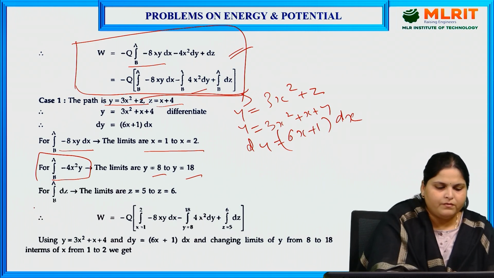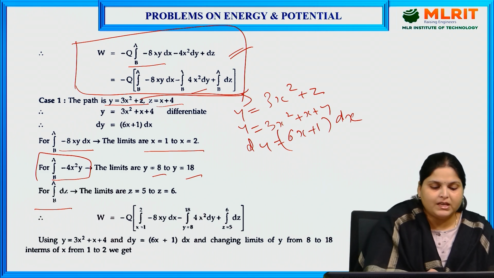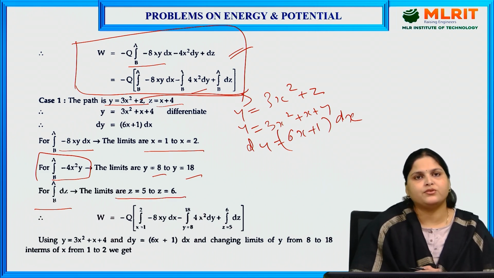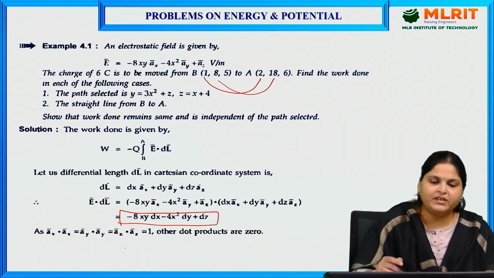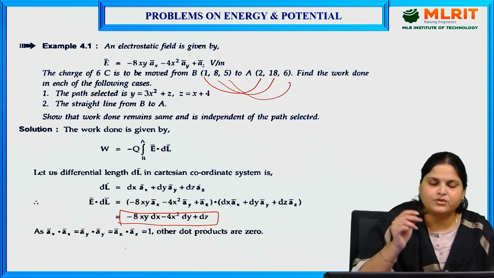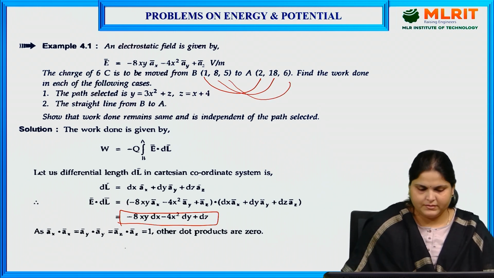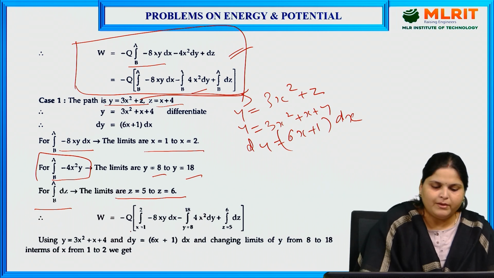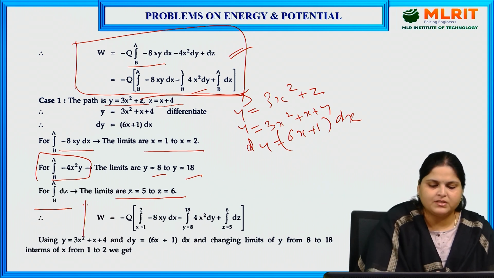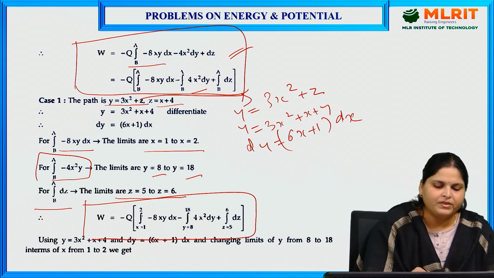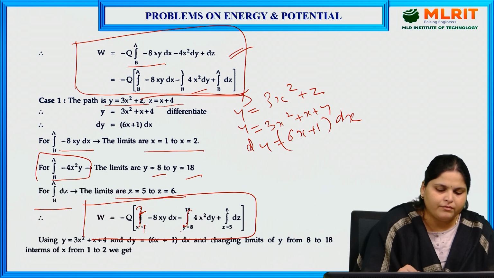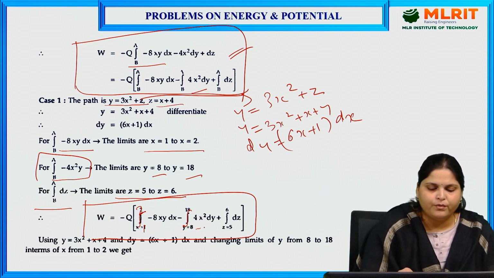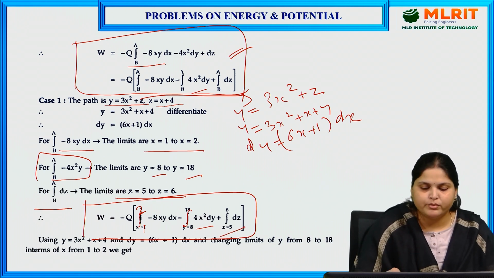Next, for dz, the limits are z equal to 5 to z equal to 6. It is also given in the question. Next, we will put all the limits here. So this becomes W is equal to minus q into integration of x from 1 to 2 minus 8xy dx, integration of y from 8 to 18, 4x square dy plus integration of z from 5 to 6 dz.